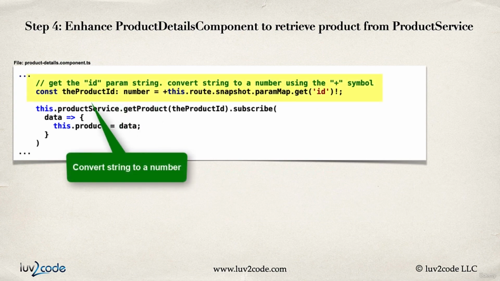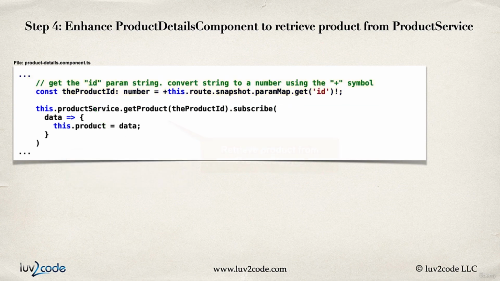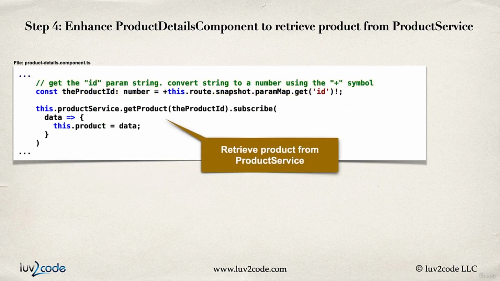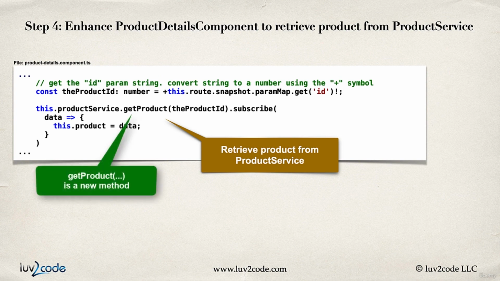So finally, on the left-hand side, we'll have const theProductId, which is a number, assigned to this given value. And then we actually retrieve the product from the product service. So this getProduct is a new method that we'll actually create in the product service for retrieving a given product.